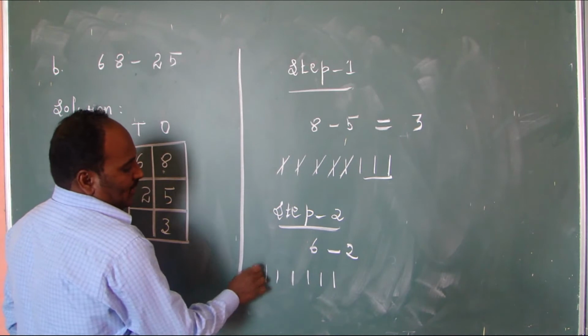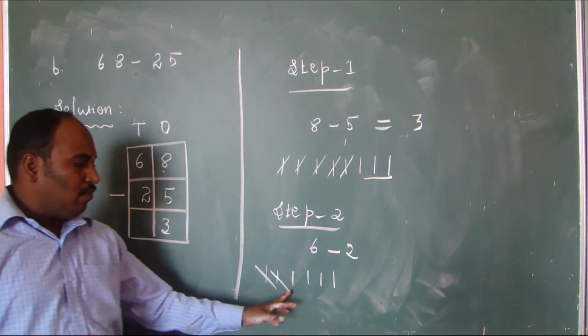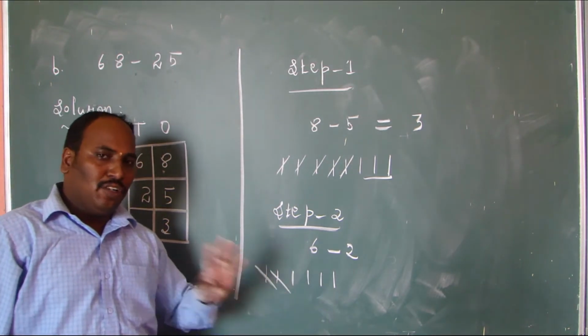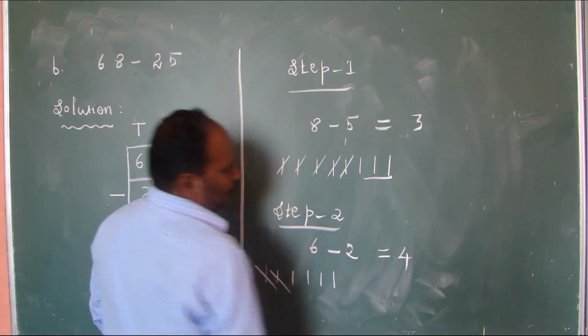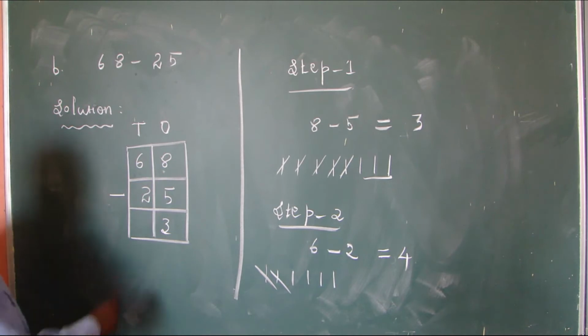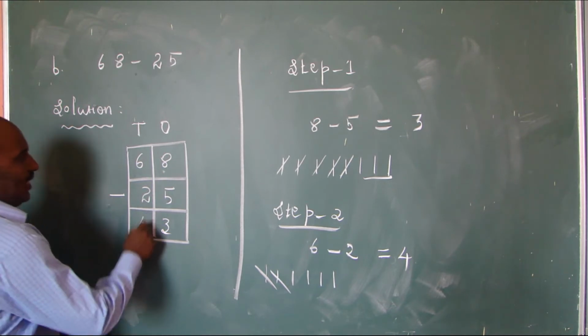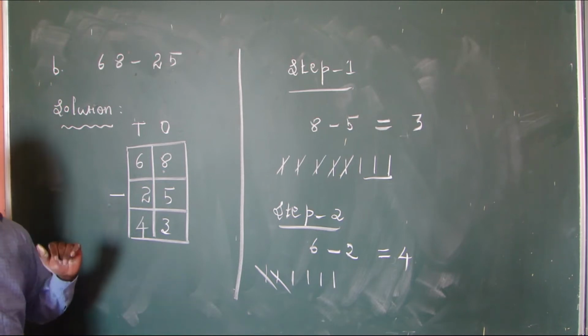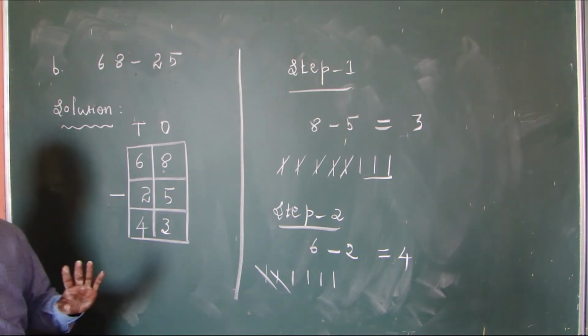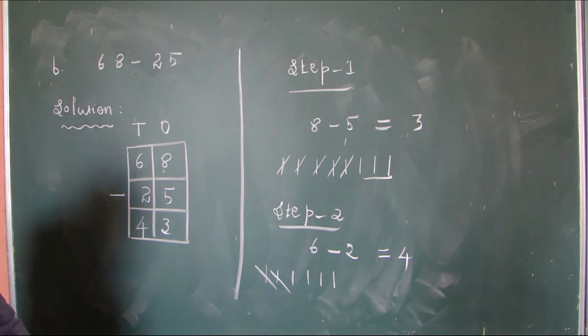Minus 2 sticks cancel, 1, 2. Remaining 1, 2, 3, 4. So 6 minus 2 is equal to 4. Number 4 write in tens place. So our answer is 4 tens and 3 ones. That means 43.